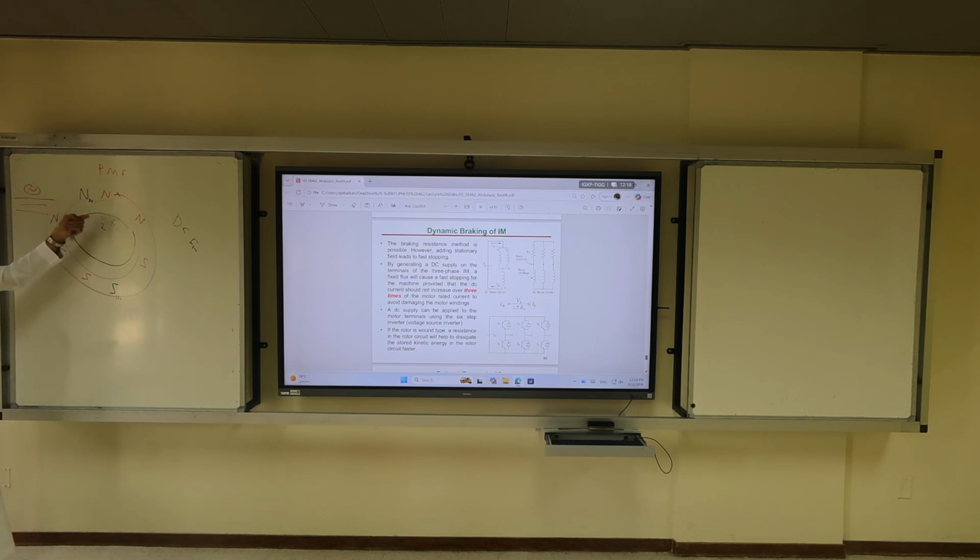So the moment the rotor magnetic field rotates, this is north, this is south, the moment it sees this DC south, it will lock with it, because this is huge. Clear? Yes. So this is what we call field braking. It will stop right away. If it didn't stop when it passed, it will reduce its momentum. Maybe the second time it will stop.